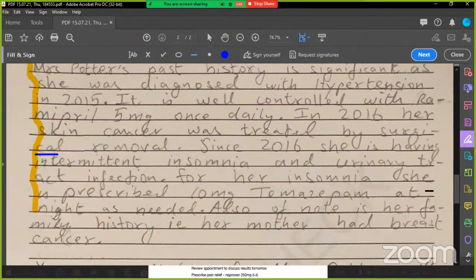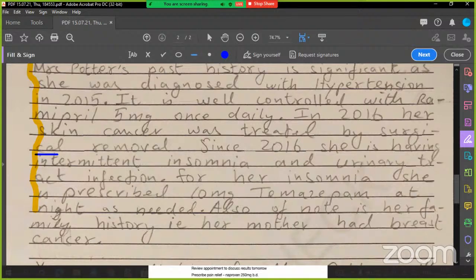For her insomnia, she is prescribed 10 mg temazepam. So you can say 10 mg temazepam is prescribed. Okay, it is not "is prescribed", it is "was prescribed", for which she is on. Okay, you can say like that because it is a long time, since 2016.